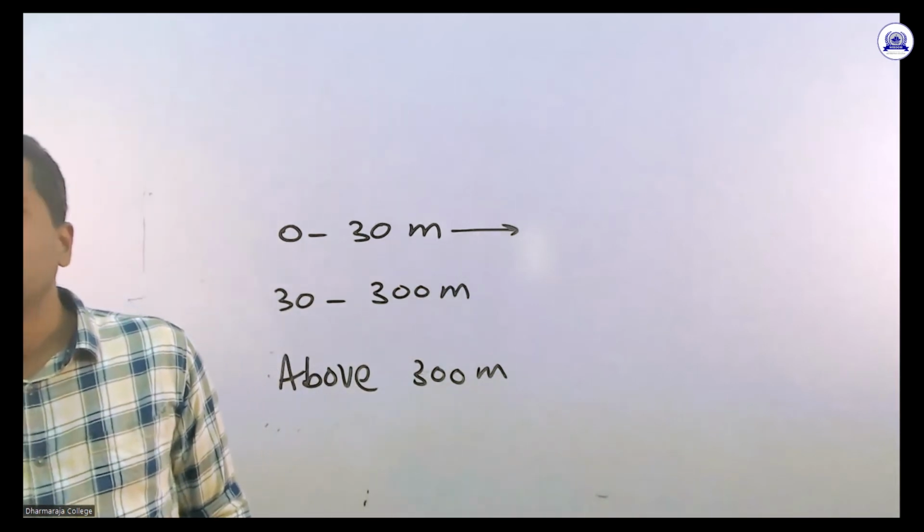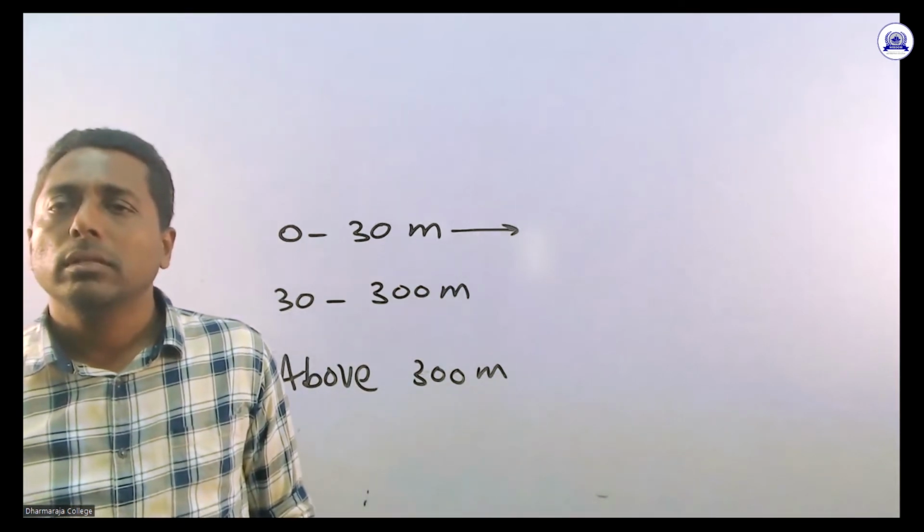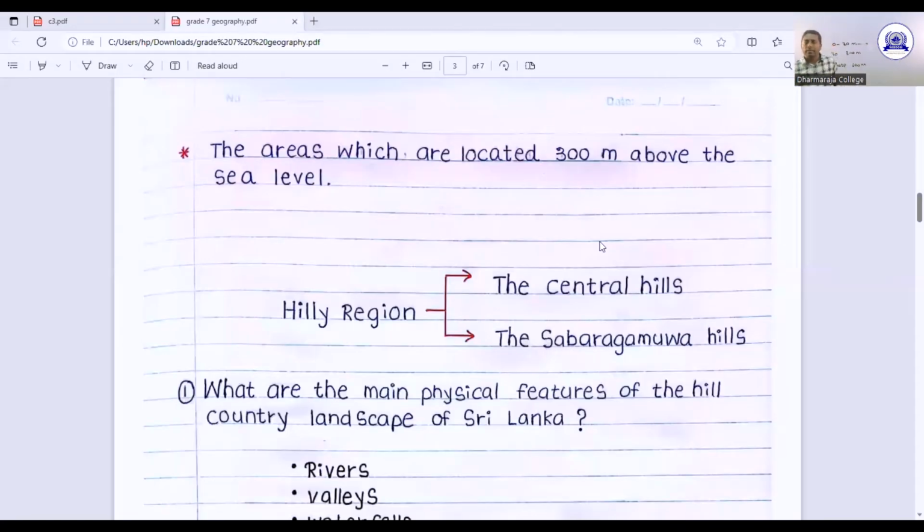Now, my dear children, we are going to talk about the main features of that. The areas which are located 300 meters above the sea level. Tell again, Pute. The areas which are located above 300 meters. Understand? Above 300 meters above the sea level, they are called hilly areas, hilly regions.